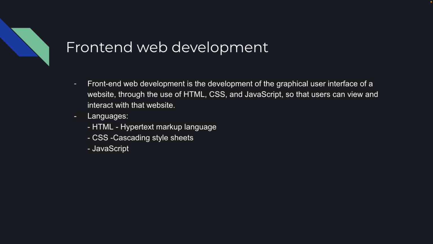Then we have frameworks, but we're focusing on the languages right now. So we have HTML, which is an acronym for Hypertext Markup Language. We have CSS, which is also an acronym for Cascading Style Sheets. We have JavaScript. We will dive into this in later sections.